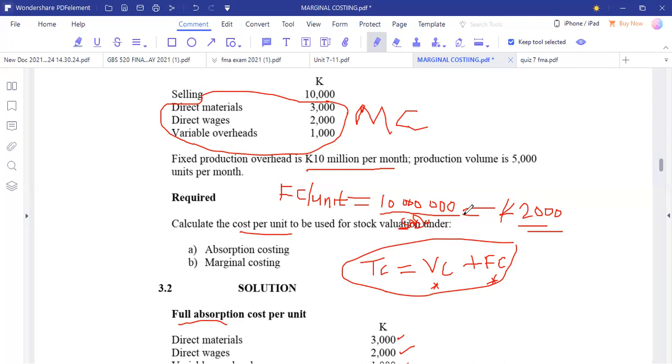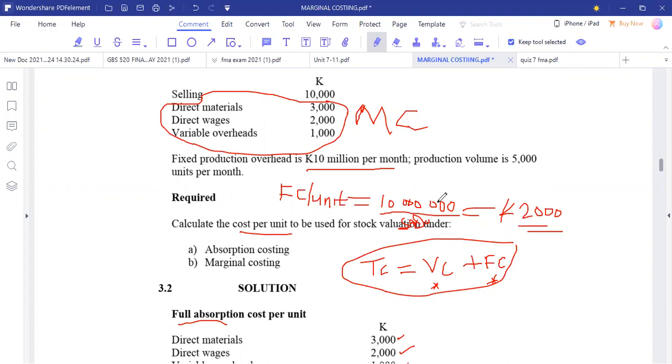Yes. Okay. So now this 2,000, we should not include it as we look at the total variable cost. Total variable costs are costs that vary with production. So that's why in marginal costing, we did not account for it. We only accounted for the direct material, which is the 3,000.